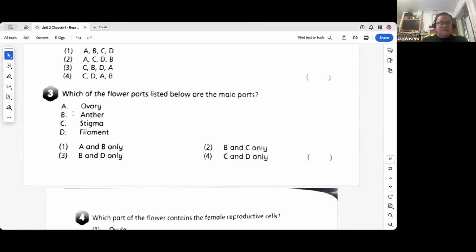Which of the flower parts listed below are male parts? Is it the ovary? Is it F, the anther? Or is it a stigma or filament? Which one? Mia? You call me, right?